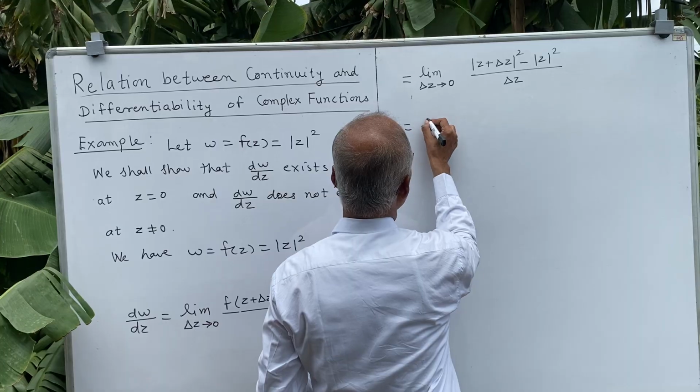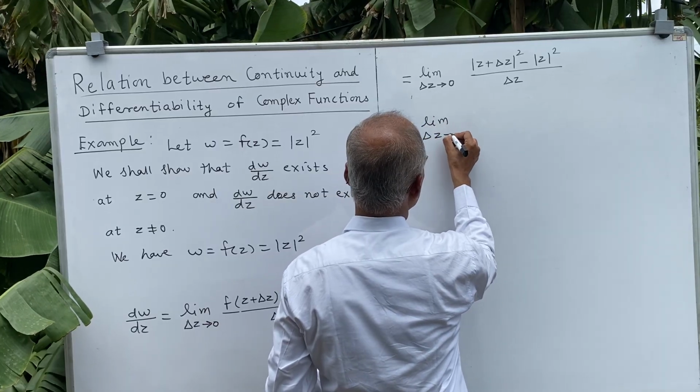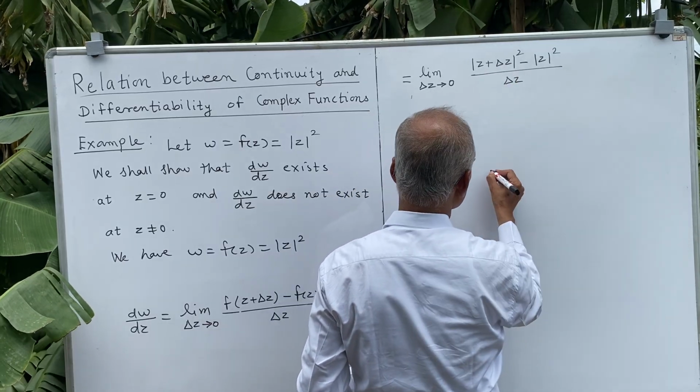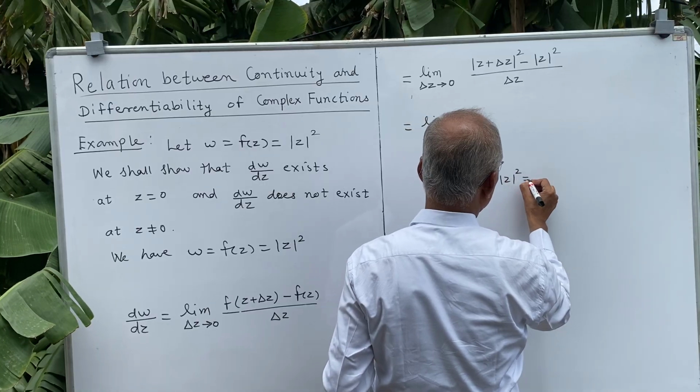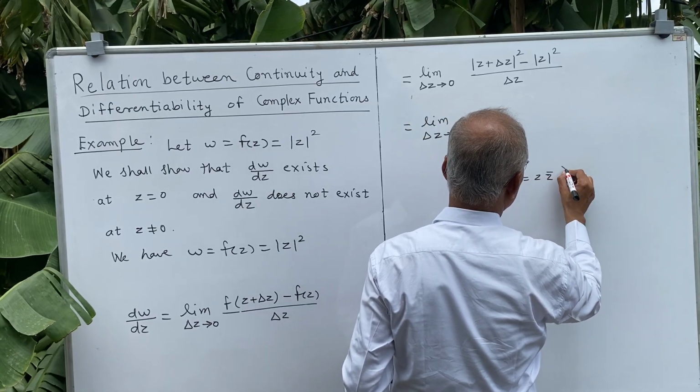We can write mod z square as z into z bar, the conjugate of z.